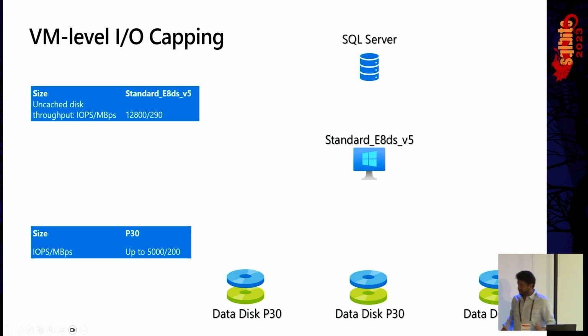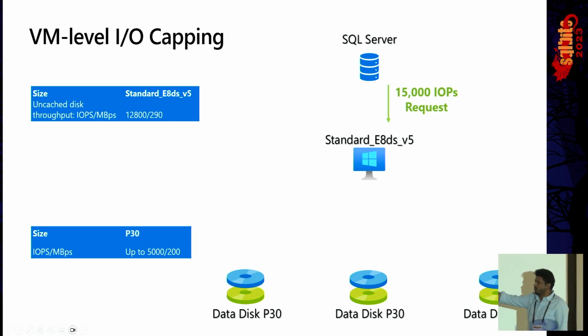Here, the scenario is, I have picked P30 disks, each with 5,000 IOPS capability, and I have a VM with a capability of 12,800 IOPS. Now, I'm trying to push 15,000 IOPS. My VM can only get 12,800. I have disks which can get 15,000. What happens if I give a 15,000 IOPS request?